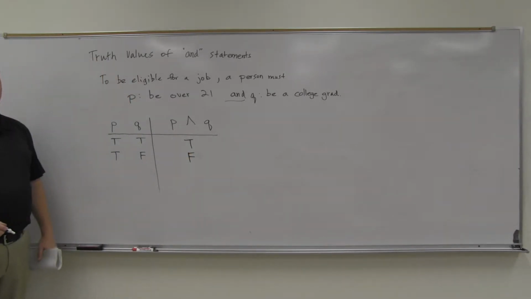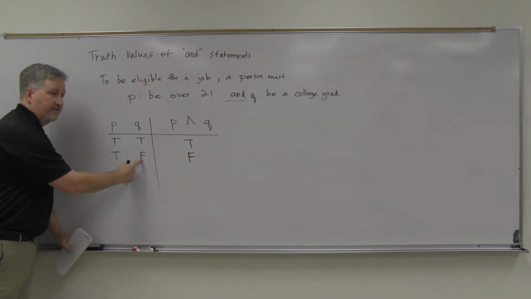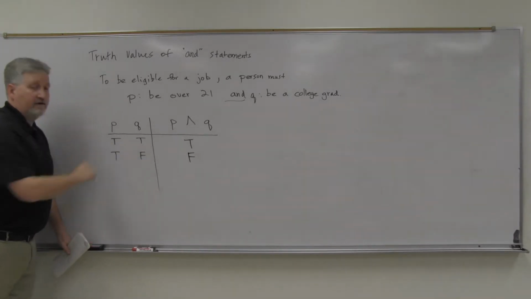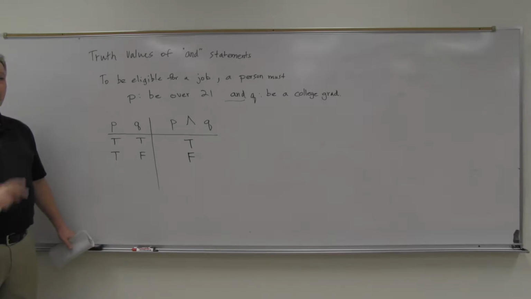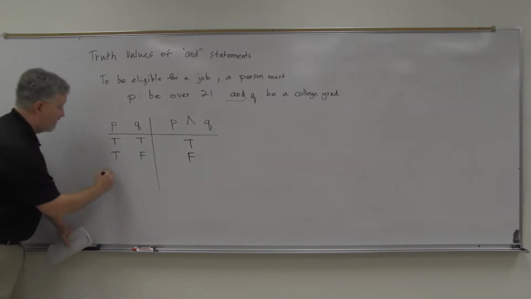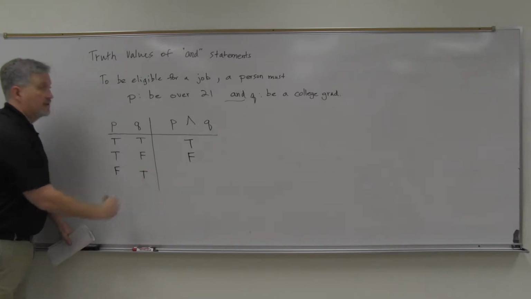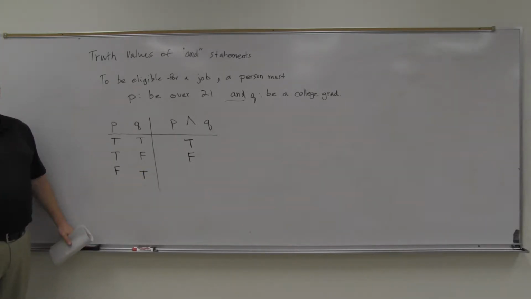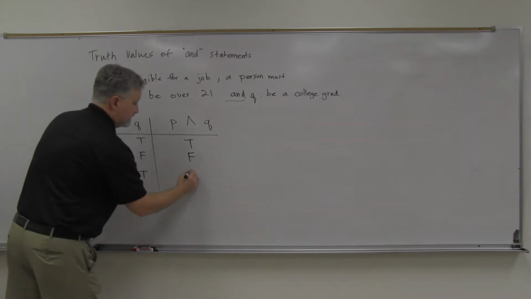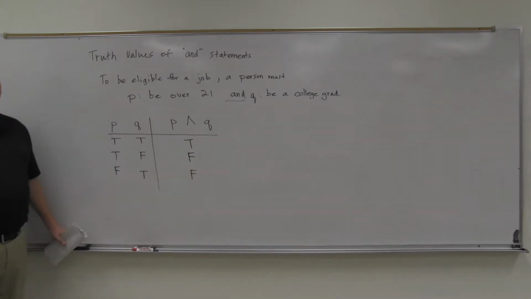So the and statement in that case, if I've got true and false, one of them's true, the other one's false, that's false. All right, well, we could flip that. False, they're over 21, true, college graduate. Does that make them eligible in that scenario? No. Still false, isn't it? The and statement is still false there.